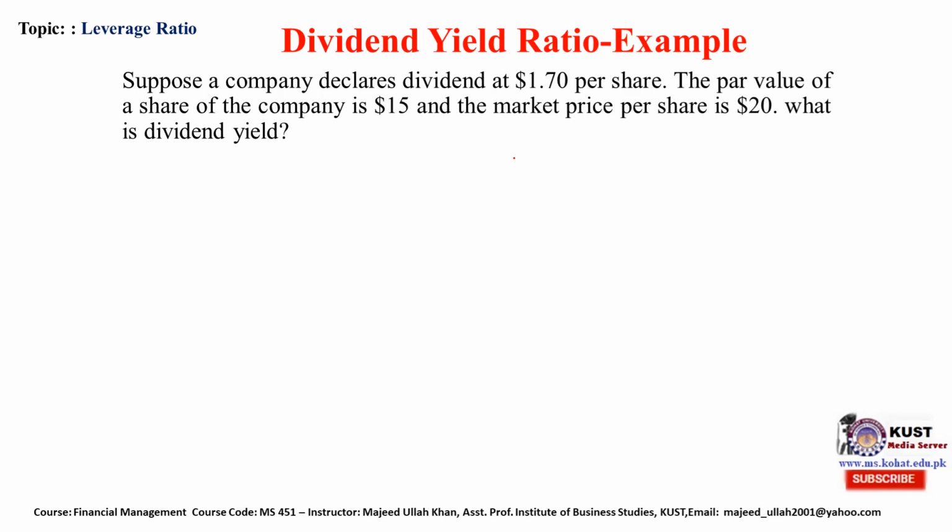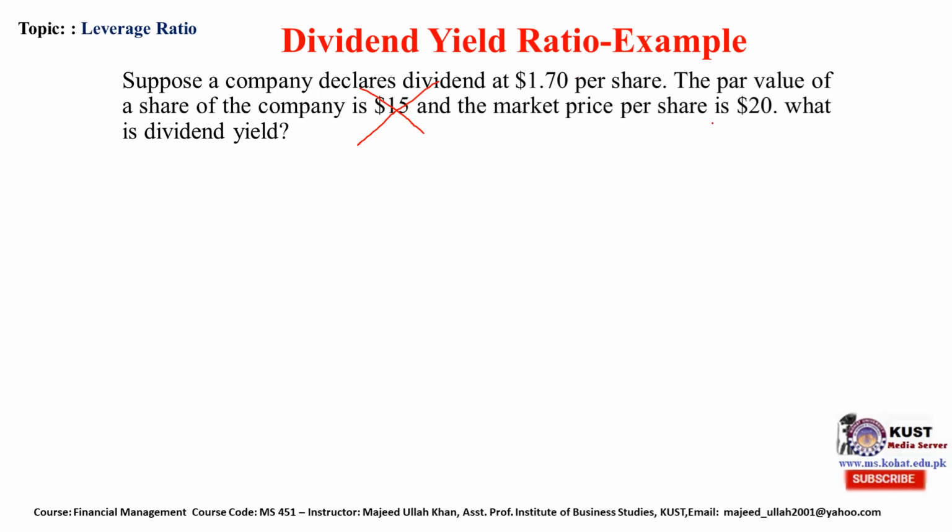Example of dividend yield ratio. Suppose the company declares a dividend of $1.7 per share. The par value of the share of the company is $15 and the market price is $20. What is the dividend yield? We will not use the company's par value, which is the book value.